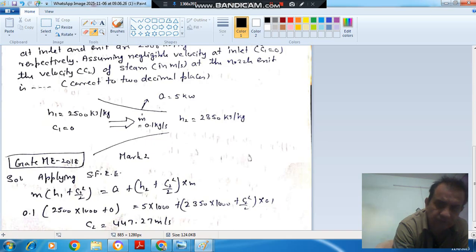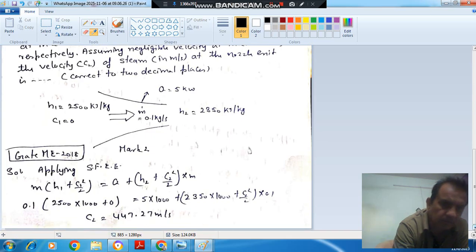Now C1 is 0, H1 is 2500 kilojoule per kilogram, and H2 is 2350 kilojoule per kilogram. So we can find C2 will come out as 447.64 meter per second.